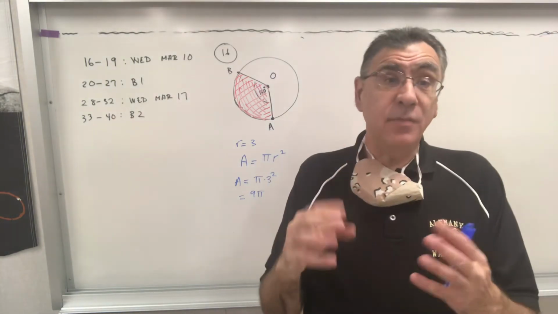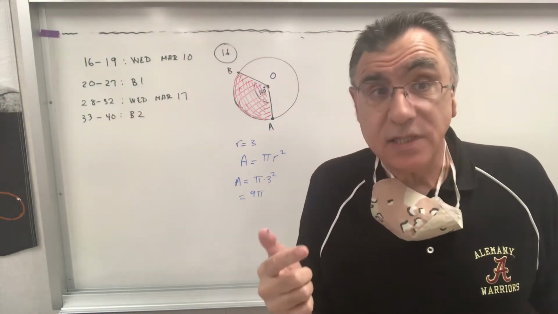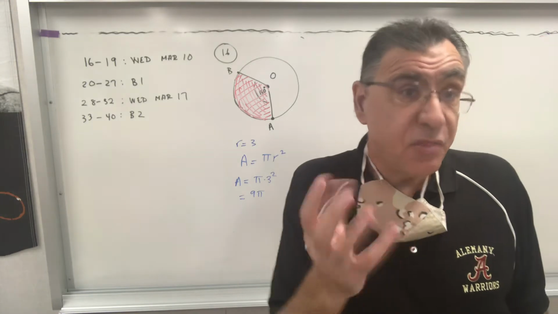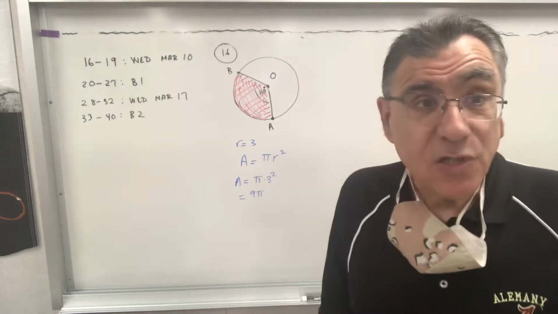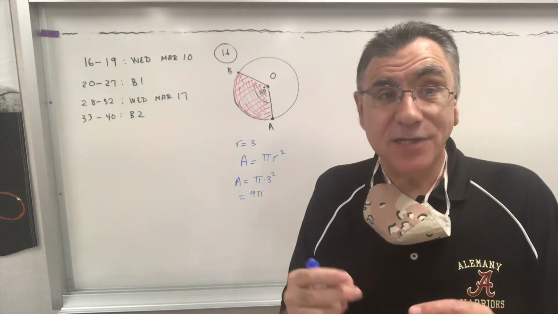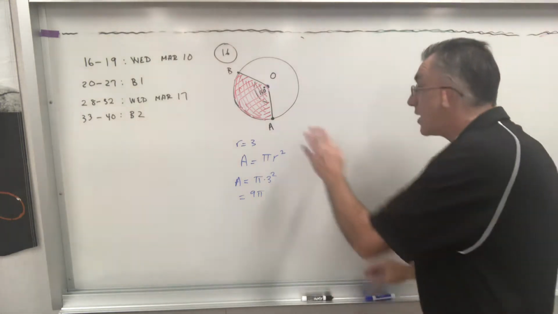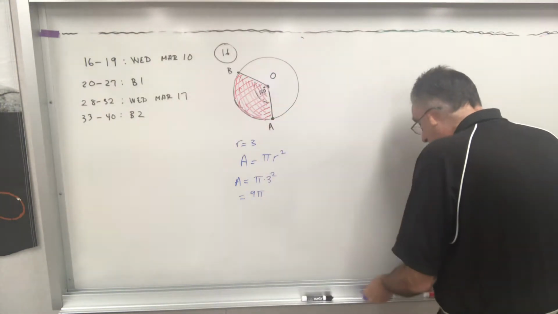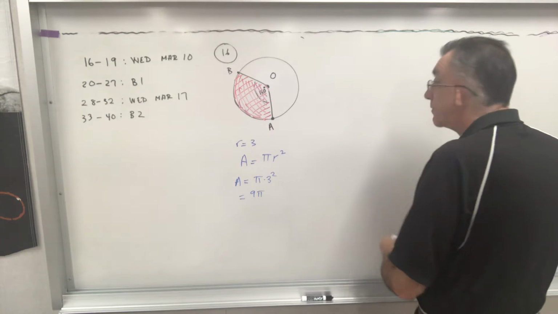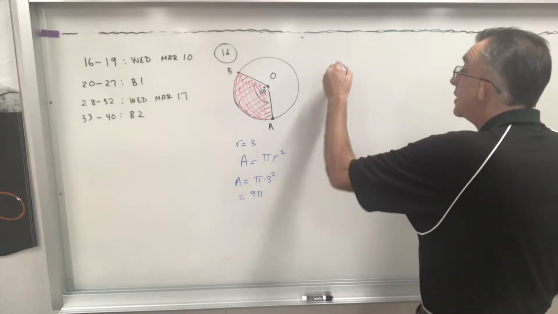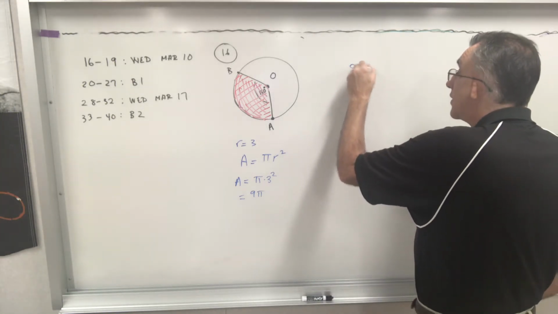Now what we have to remember is we want 150 degrees of 360, right? So if we didn't have a calculator, what we'd have to say is, I don't want the whole circle. I want a fraction of that circle. I don't want this whole 9 pi. That's not the answer.